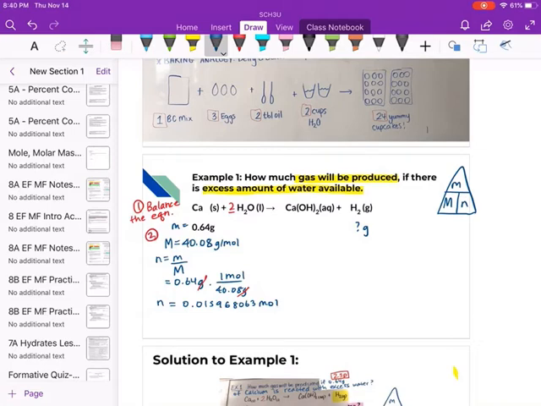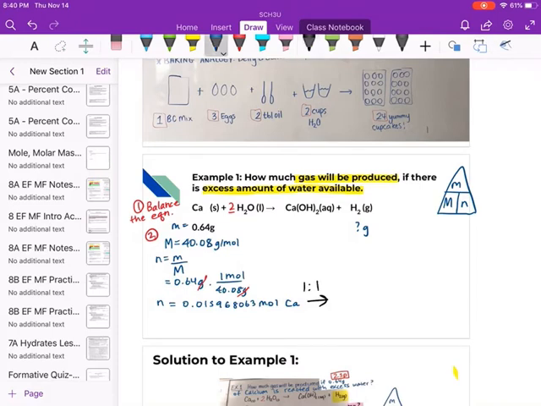So right now I have the mole amount of calcium, and it's good practice to write down what element or what compound we're talking about. Then we look back at the chemical equation and look at the ratios. I see that 1 mole of calcium will produce 1 mole of hydrogen gas.